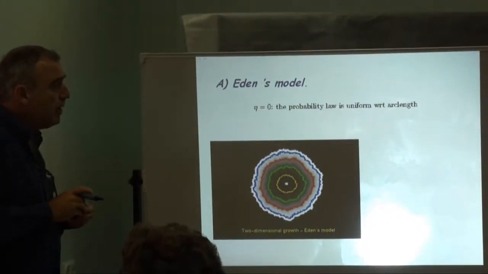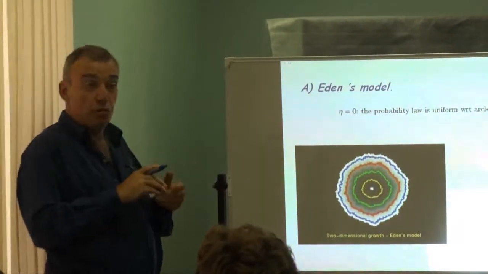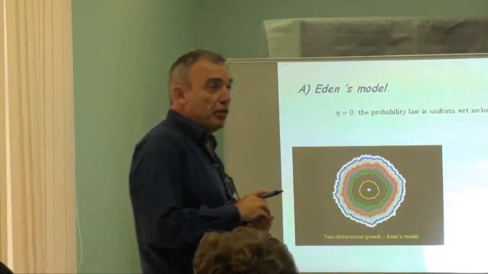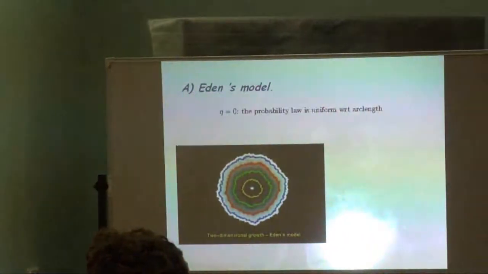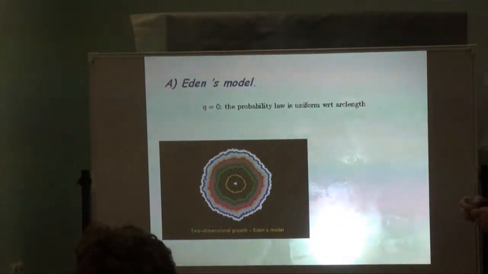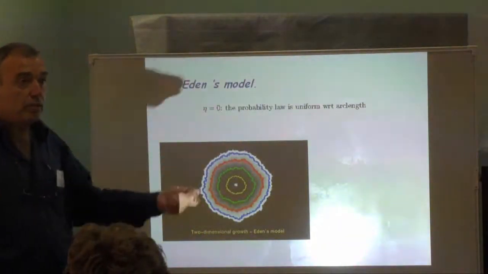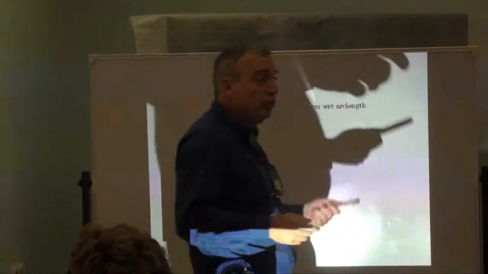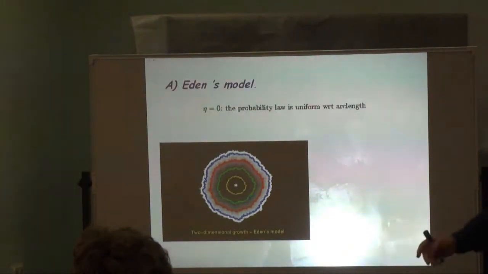Now the problem with the electric breakdown model is that it is difficult to simulate, because simulations of DLA always use the random walk description of it. That means we really simulate a random walk and we look at where it hits the boundary. Of course, we cannot do that here because this measure is not the hitting probability of any random walk, or at least any simple random walk.